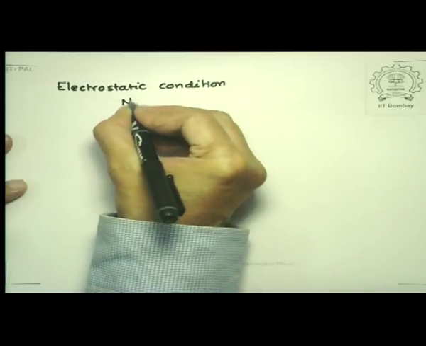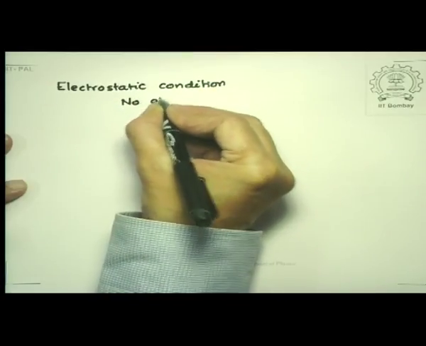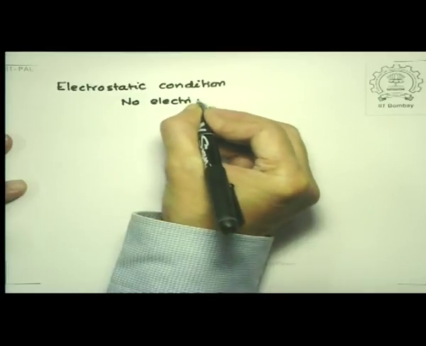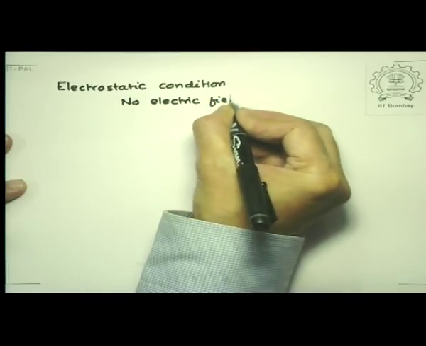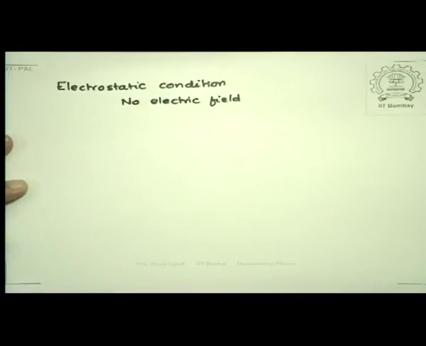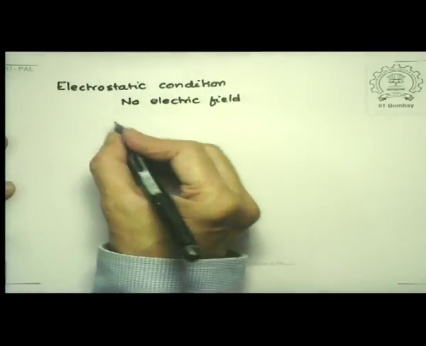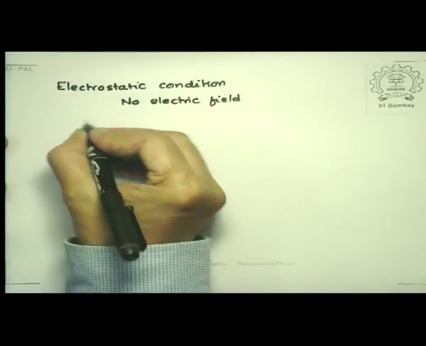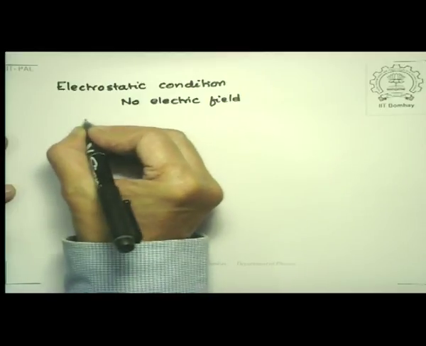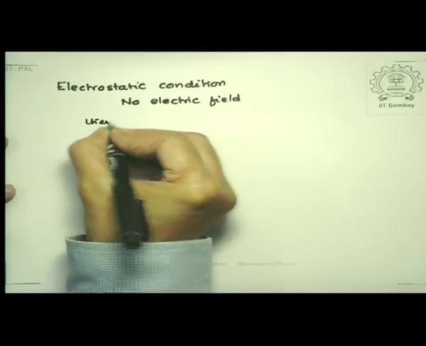So no field inside the material. So what happens is this, that in such a situation, the free electrons themselves have what are known as thermal velocities.